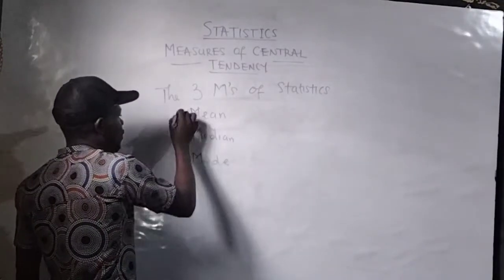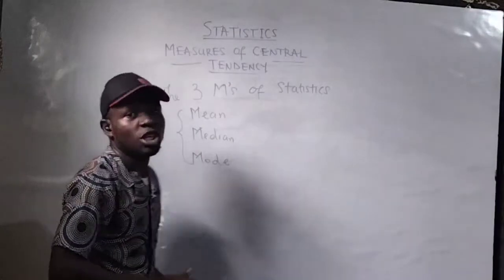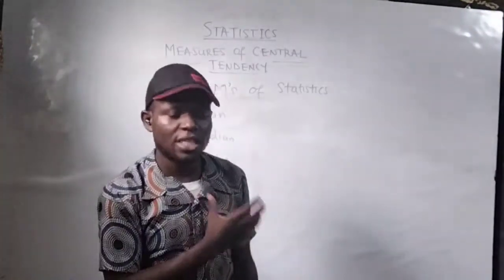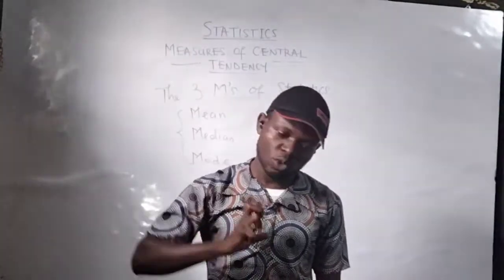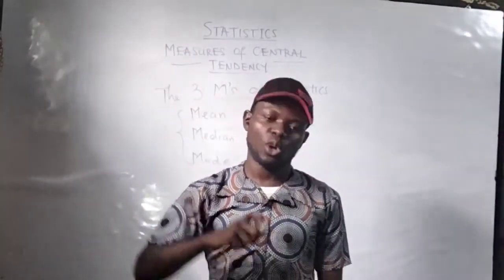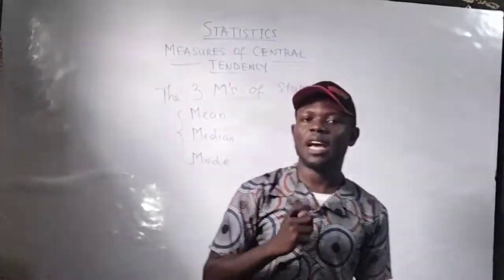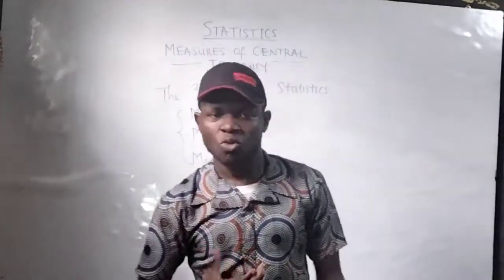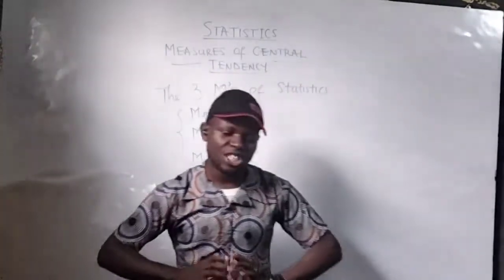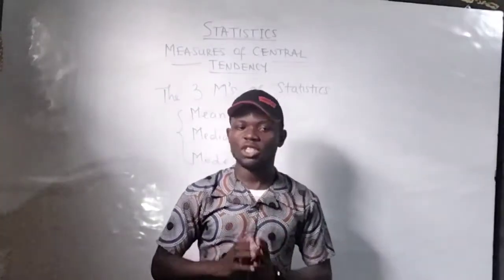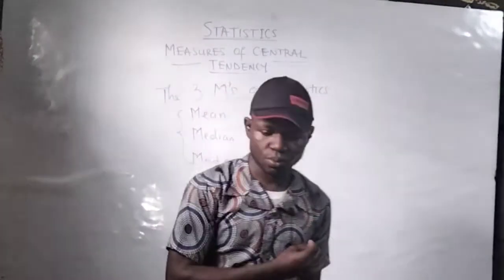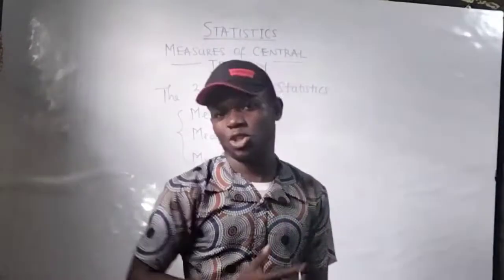This is our statistical tool or methodology that we use in knowing measures of what? Of central tendency, or basically measures of location. We want to know if our data is centrally based or centrally concentrated. So that is what we tend to look at in these measures.